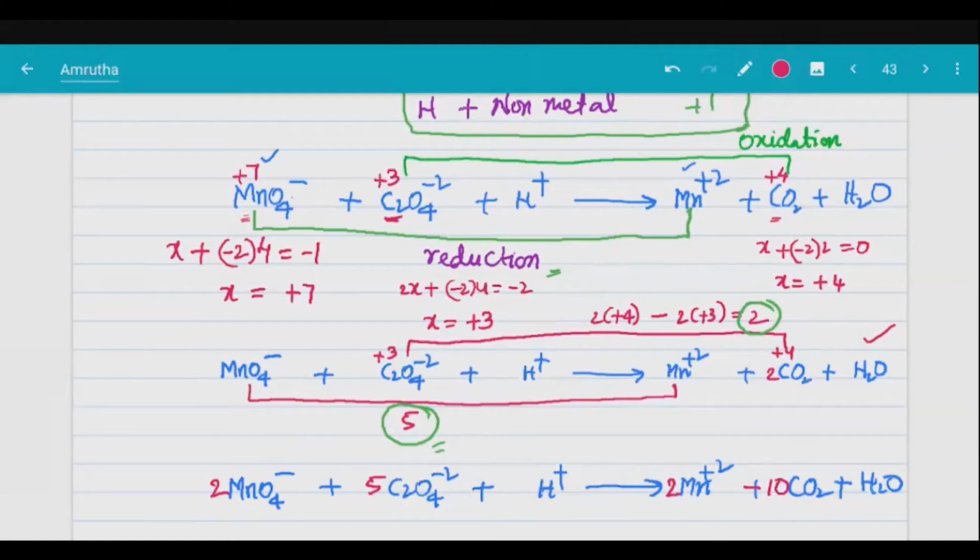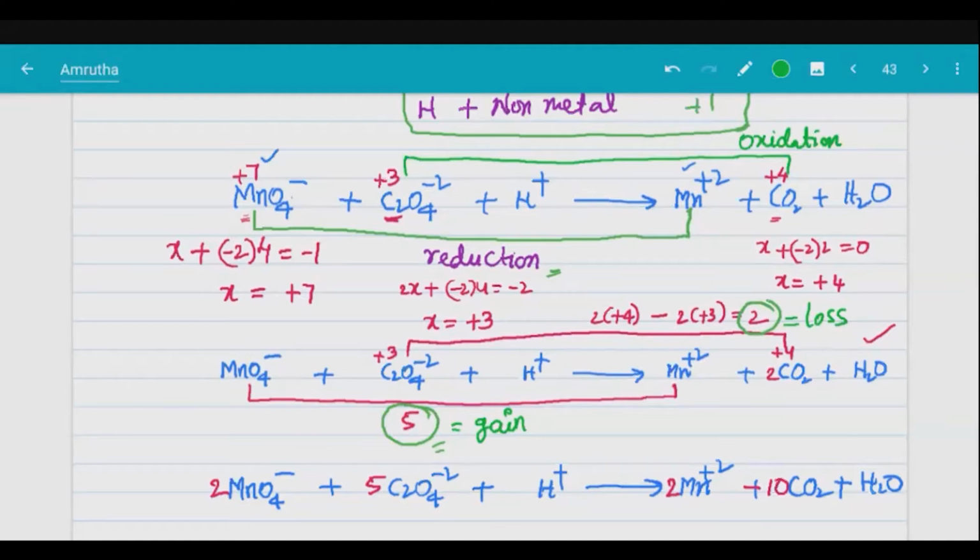Listen carefully. What I got here, 5 electrons, this is gain. 2 electrons, this is loss. Now in any reduction or oxidation, electrons must be balanced.